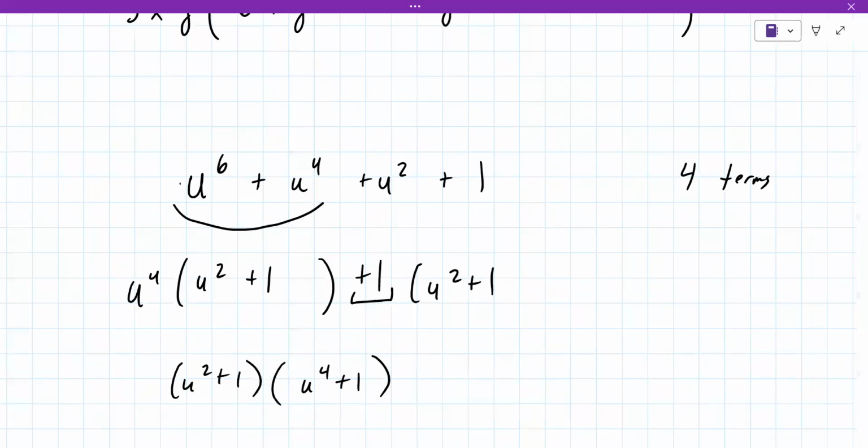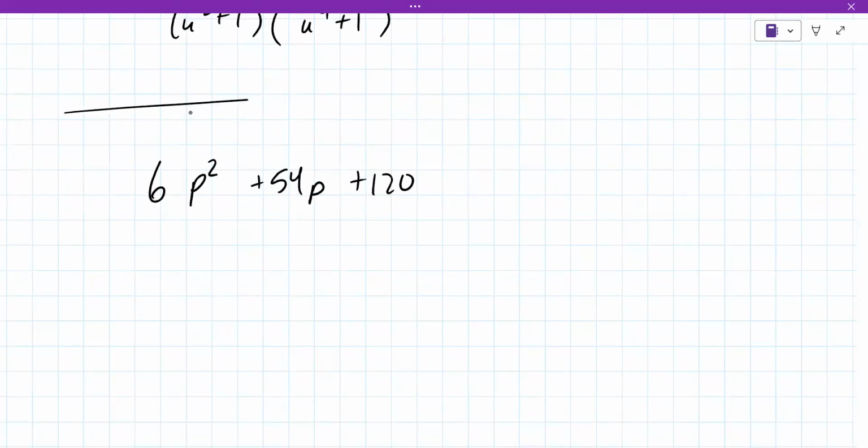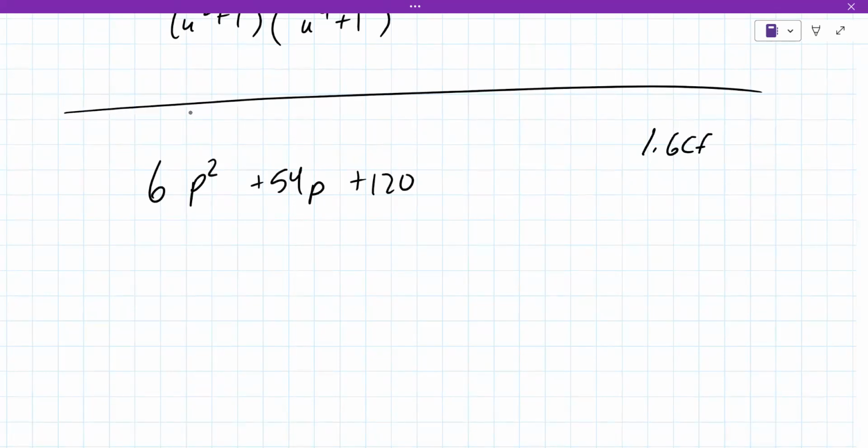Fantastic. Okay. Let's see, what else do I see on here? It's a good one. 6p squared plus 54p plus 120. What is the first type of factoring that you should always look for? What's the most important? GCF. Is there a GCF? Is there a number that goes into all 3? Yes.